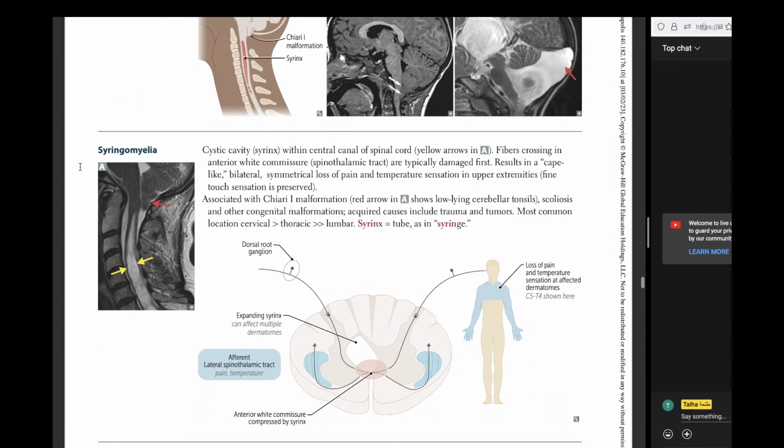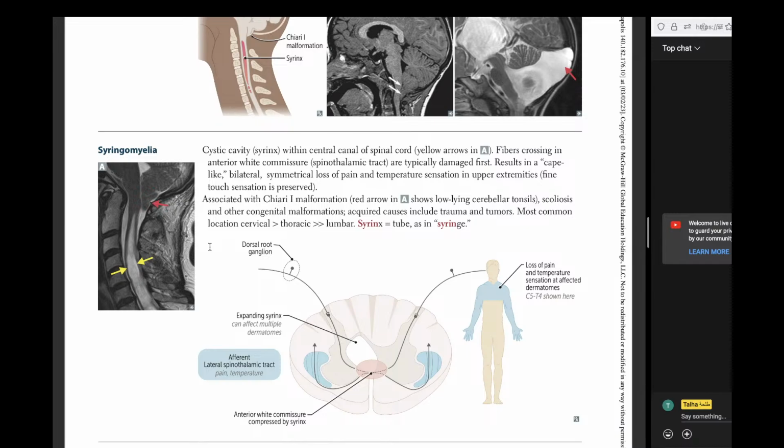Syringomyelia. This is a cystic cavity, a syrinx, within the central canal of the spinal cord, which are the yellow arrows. Fibers crossing in the anterior white commissure, the spinothalamic tract, are typically damaged first, resulting in a cape-like bilateral symmetrical loss of pain and temperature sensation in the upper extremities. Fine touch sensation is preserved.